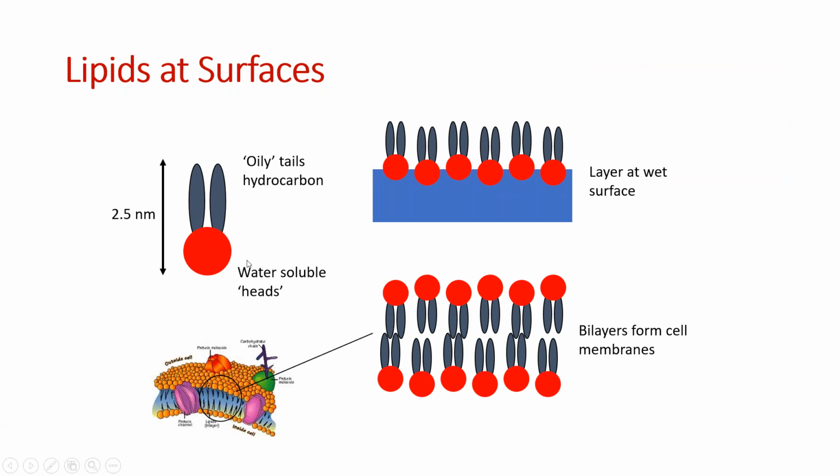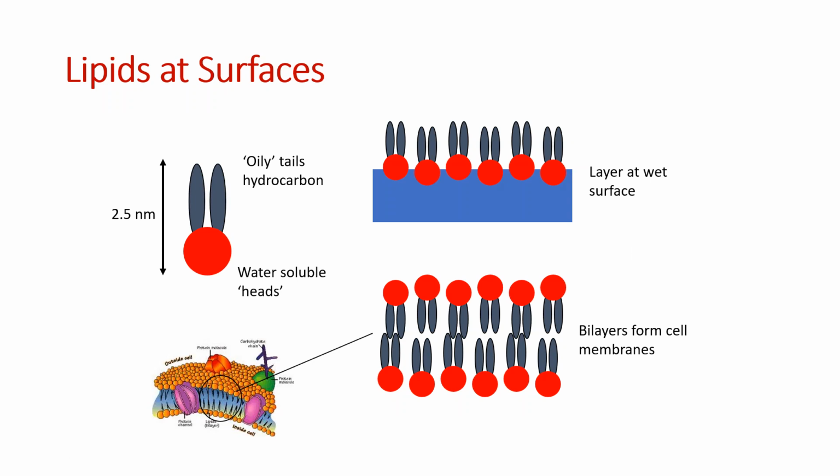A lot of the natural lipids that we're interested in have water-soluble groups and oily hydrocarbon components, often two of them, and so I've drawn them schematically, something like this as a polar group with two tails, as known in the jargon, and they will sit at a wet surface.